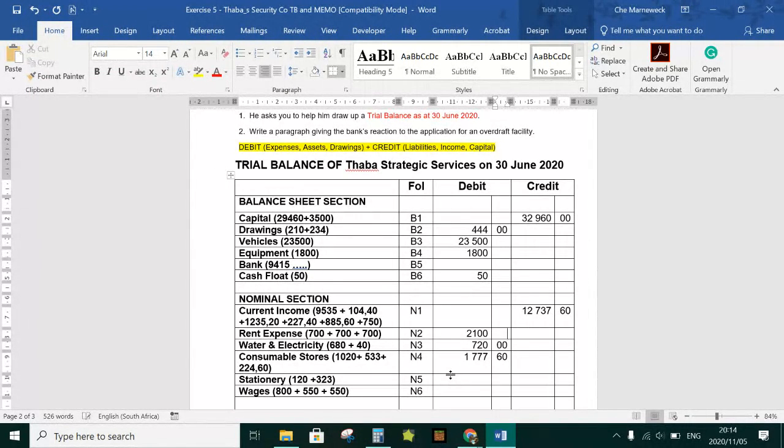Let's fill in the zeros. Stationery, 120 plus 323 gives us 443. Wages, 1,900.